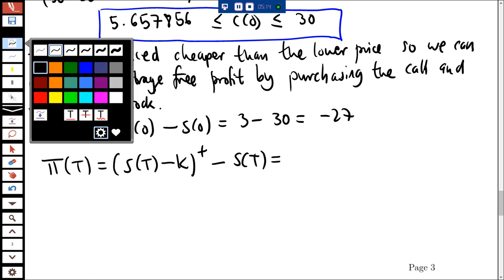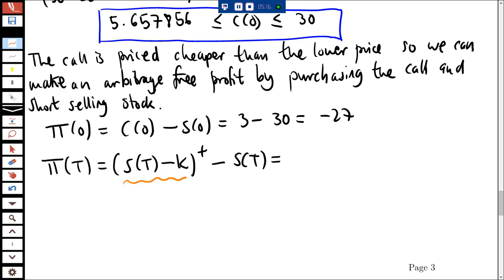Okay, so we need to look either side of K. If S_T is bigger than K, that's going to be a positive number, and if it's less than K, it's negative, so we're going to ignore it.